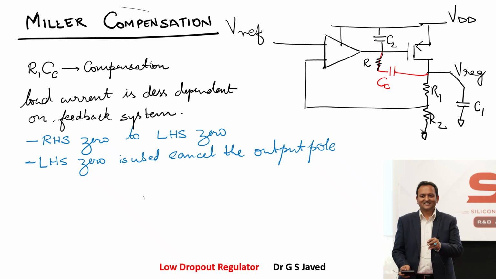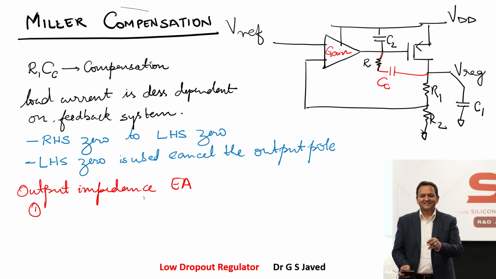Now to further enhance the impact of the Miller amplification, or Miller multiplication, you increase the gain of the error amplifier. This can be increased by increasing the output impedance of the error amplifier. So how do you increase the output impedance? Two ways.